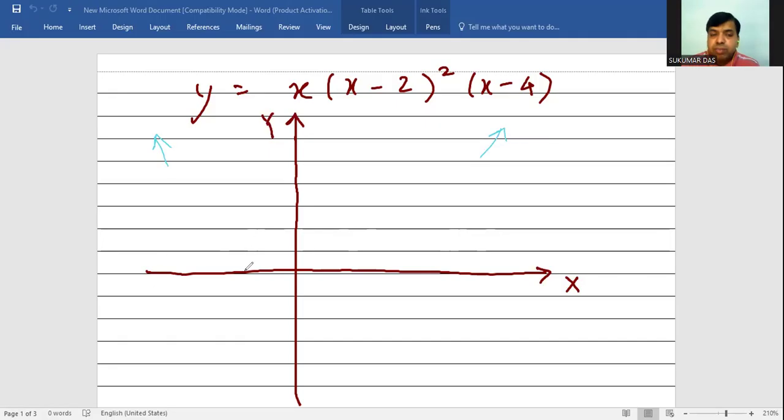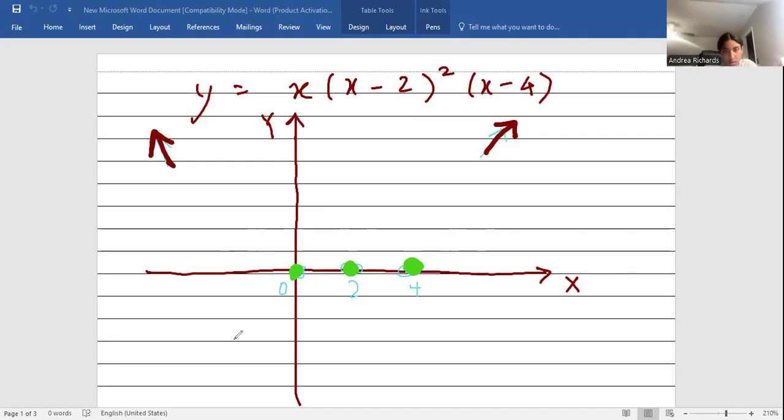Before that, you have to mark the zeros here on x-axis. So 0, 2, and 4. We are not concerned about the scaling. So 0, 2, and 4, right? Now, this is our end behavior. So can you try to plot this graph?